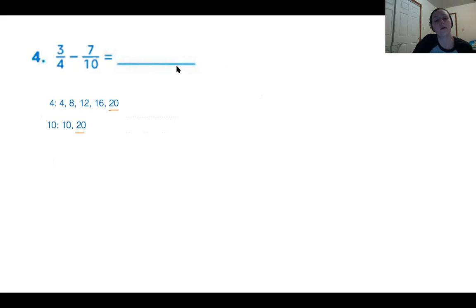So I'm going to take 3/4 times 5/5 because I need that denominator to equal 20. And as we found out by listing our multiples, 4 times 5 gives me 20, because it was times 1, times 2, times 3, times 4, times 5.